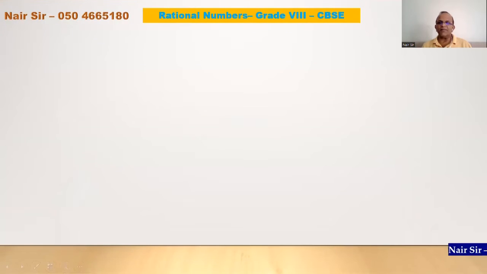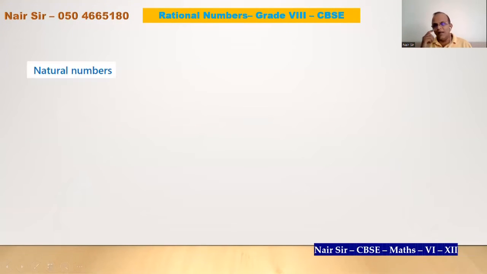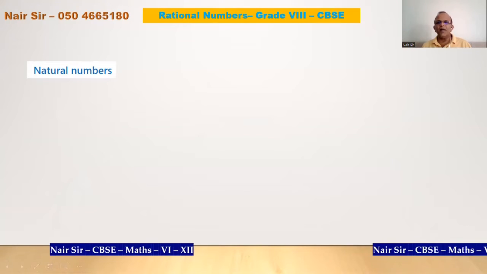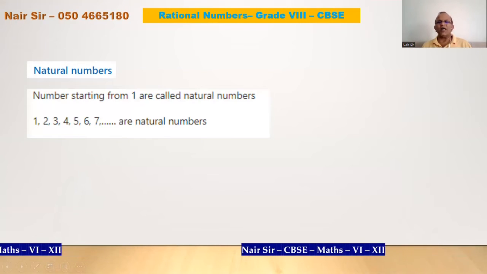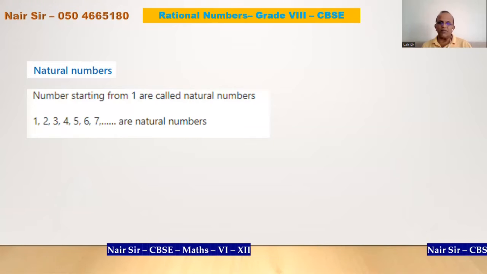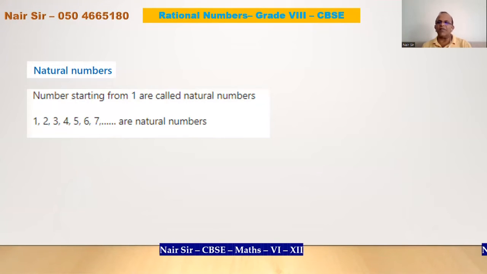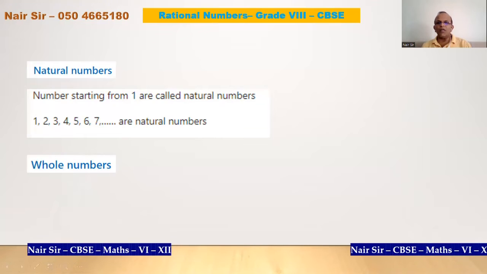The first thing, natural numbers. These are all on the recap. Most of you know, and I think everyone knows, what a natural number is. Natural numbers start from 1 and go up to infinity. Now, what is a whole number?